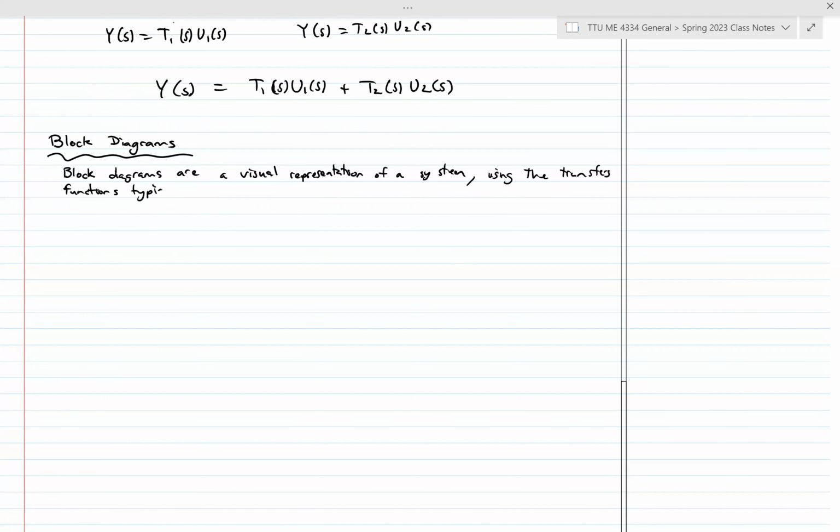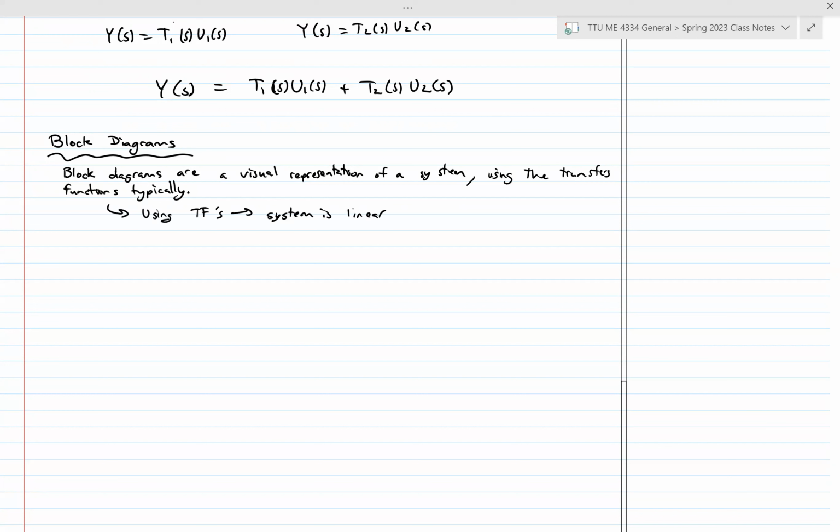Typically. Right? If we're using transfer functions, what does that mean for our system? What is a word that we can use to describe our system if we are using transfer functions? The system is blank. Say again? Linear. Linear, right? Using transfer functions, the system is linear.